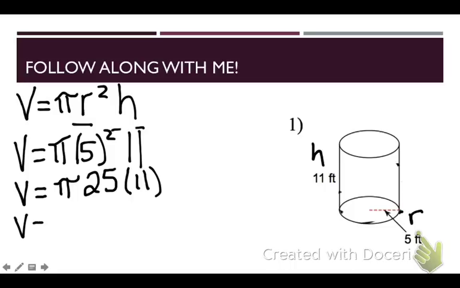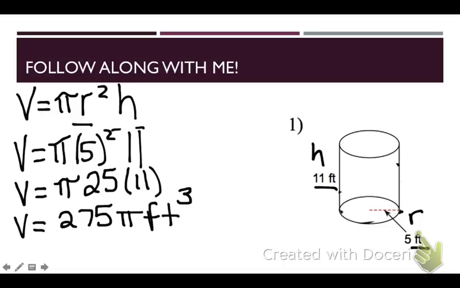So V equals 275 pi feet. And now, because it is a volume and it's a three-dimensional shape, we are going to say cubed. We're also multiplying 5 times 5, which gets feet squared, times another feet, which is feet cubed.